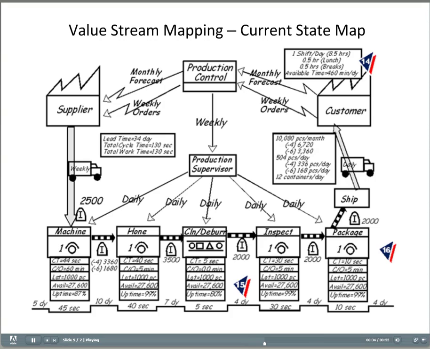It shows how information flows from the company to the supplier and the customer. Overall, it shows how the product is flowing through the value stream, but it identifies lots of times and information that are useful in understanding what's in the value stream.